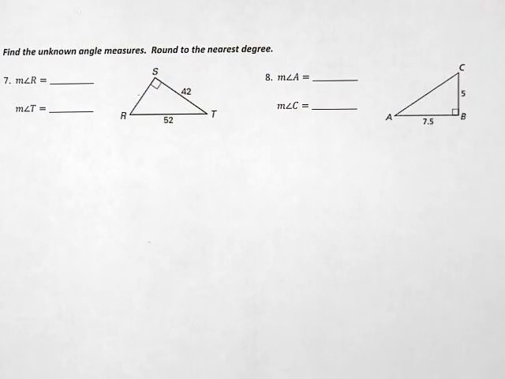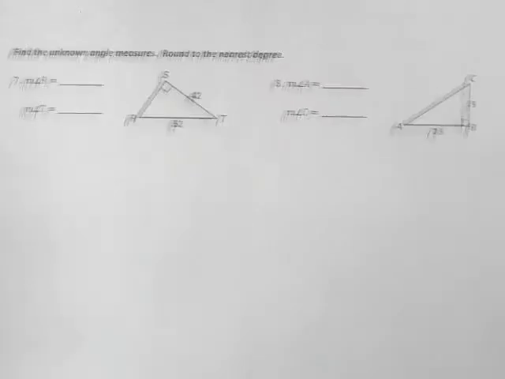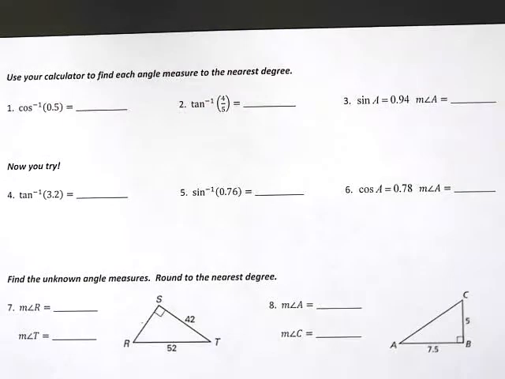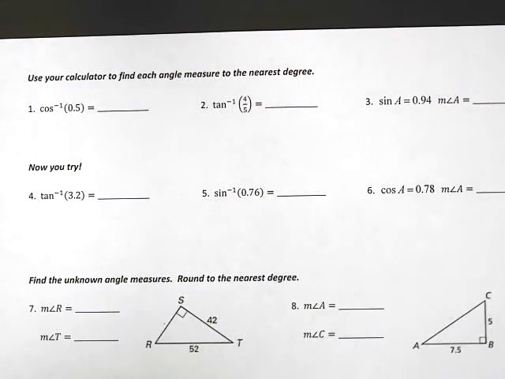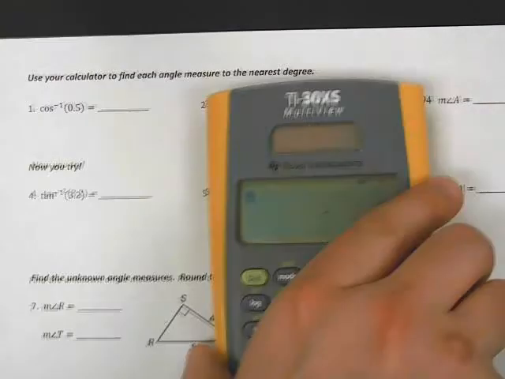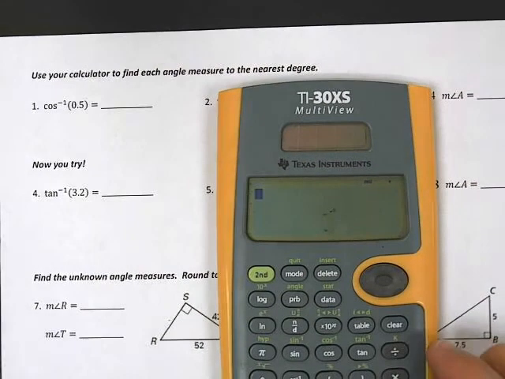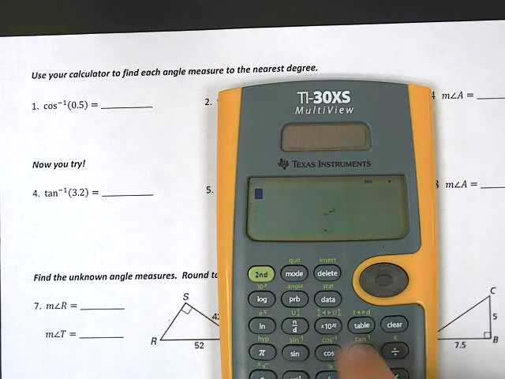So first section is going to be nice and easy. Should just be all in the calculator. This is where you finally get to use your inverse sine, inverse cosine, inverse tangent buttons, which are right above sine, cosine, tangent.